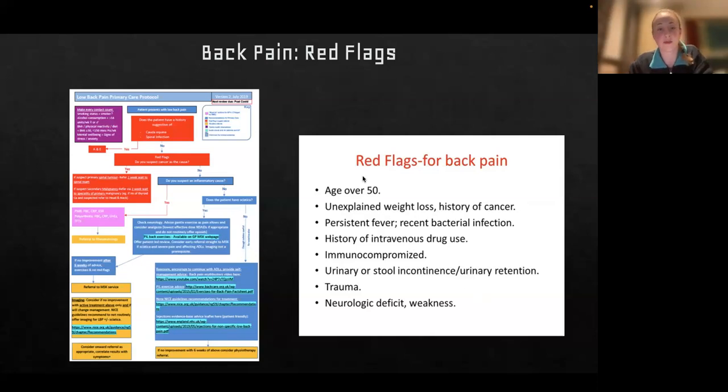These slides will go out to you, so you can go through these, but the red flags are the most important thing to learn in terms of back pain, and knowing what back pain sounds serious and what back pain is much more benign.